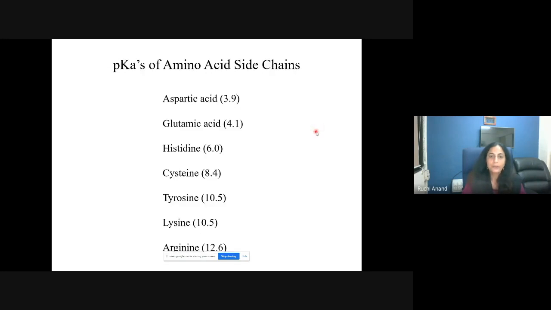So the pK of the amino acids is also very important, because you can see here that some of them have a very high pK and some have very low, but it is histidine, which is around 6, that is the winner here, because by changing the local environment in the protein a little bit, you can get a protonated or deprotonated form. It can work as an acid or a base, and it can be used for catalysis.